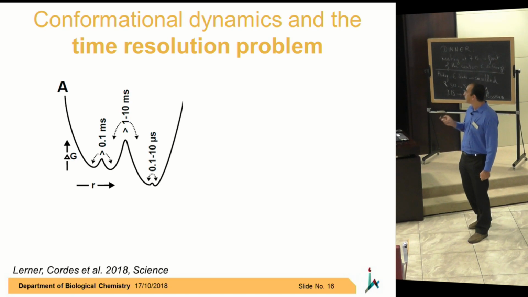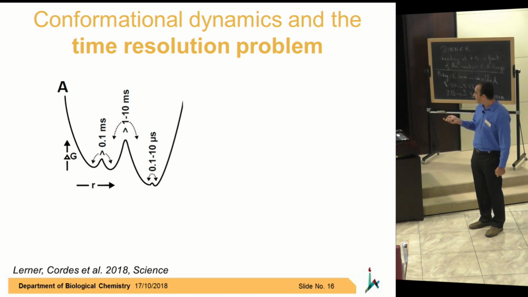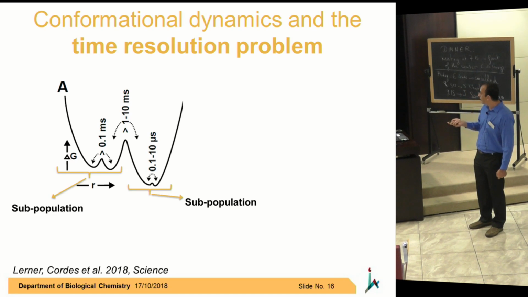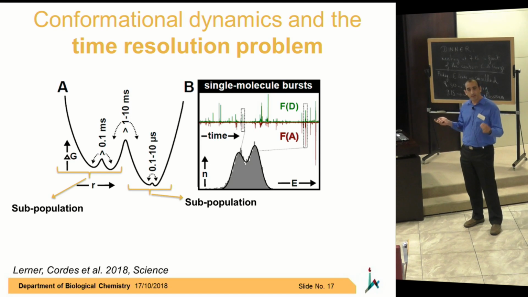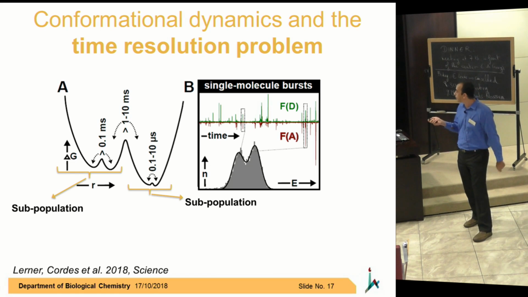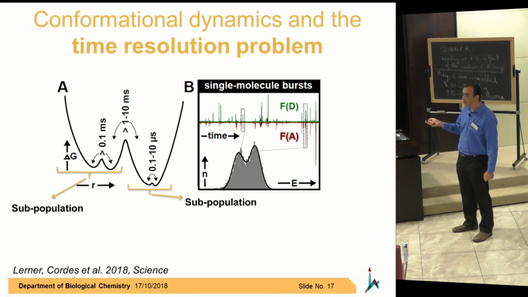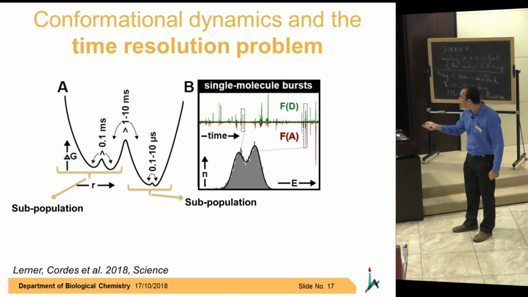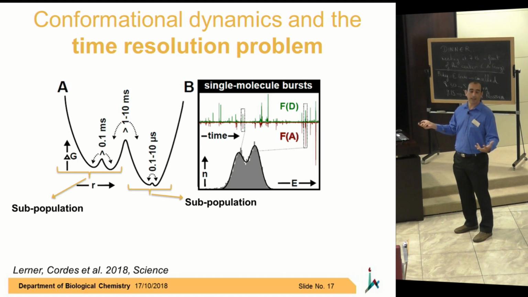But still you have a time resolution problem, and here is the reason why. I mentioned that the diffusion of a molecule through a confocal spot is usually at the time scale of 1 millisecond. However, the transitions between the different conformational states associated with different FRET and different distances between dyes might be faster than that and still be considered as activation barriers that are larger than kT, at least for proteins' intramolecular changes.